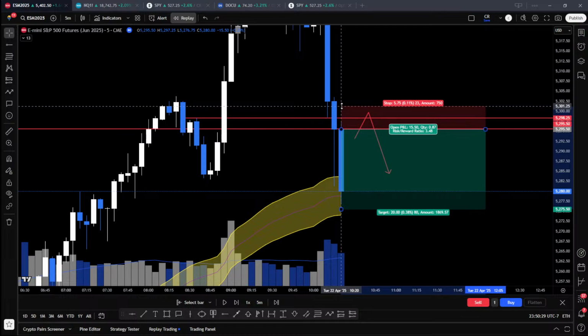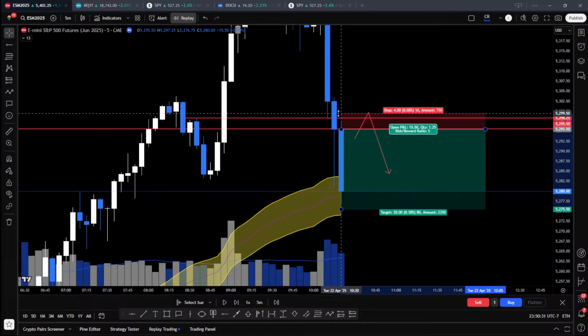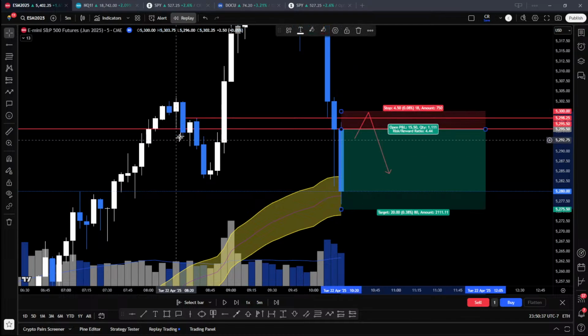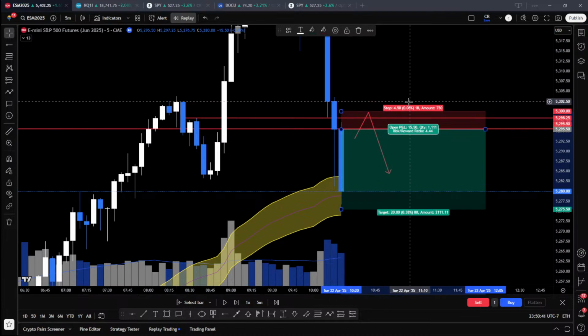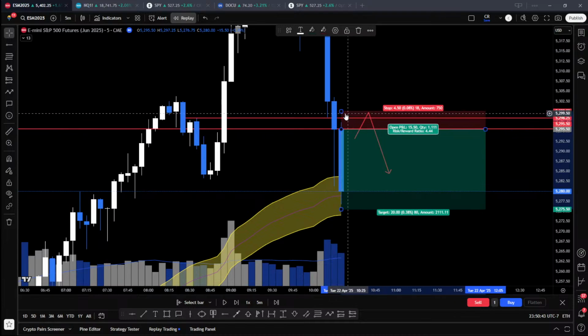Just eyeballing this and not trying to say you're wrong, because even if your stop loss was here somewhere, I would understand. You're still giving yourself a little gap between there and there. But for me, I would expect them to come to here.